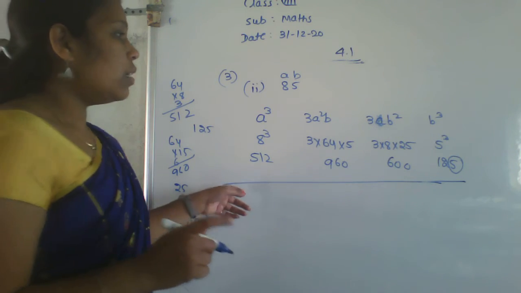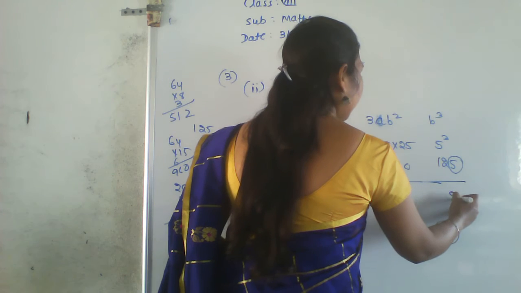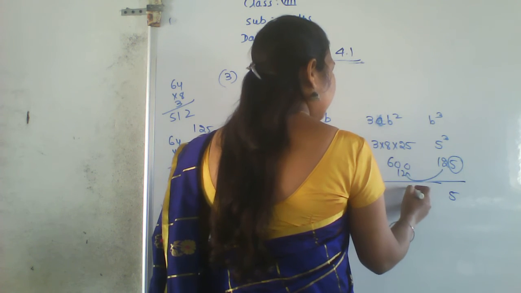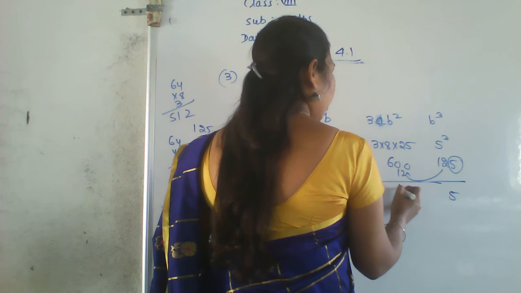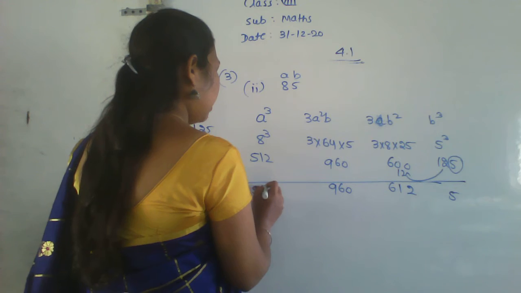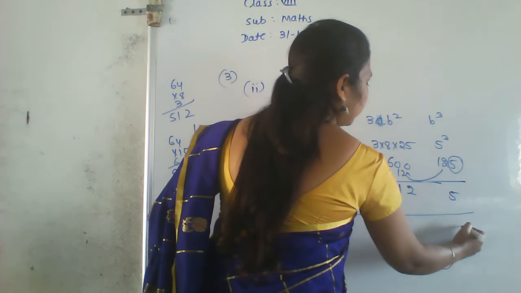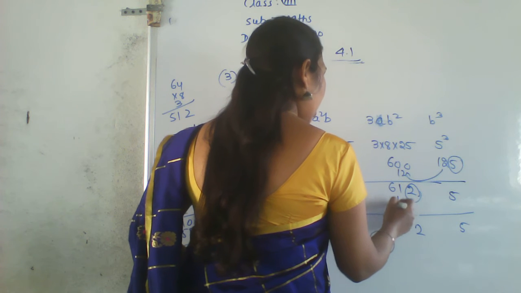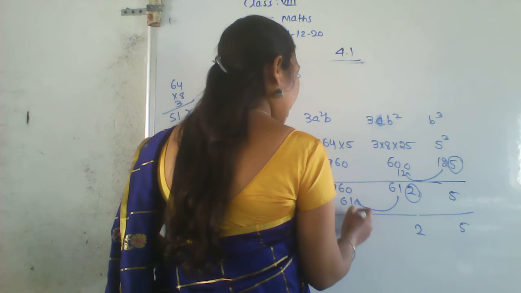So here that is 5, take 5 and take 1 here and add. This is 1, 2, 1, 6, right, 960 only, here 5 only. Go for the next step. Here 5 only is left, right, here 2 and take 61 this side and add.